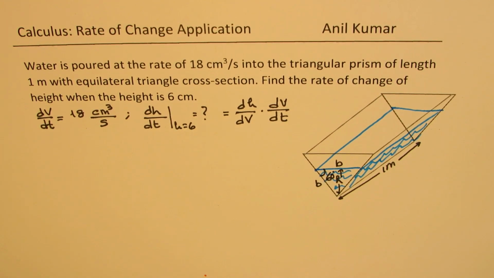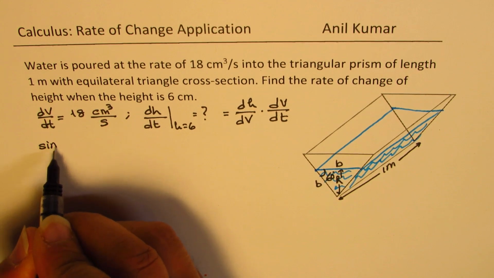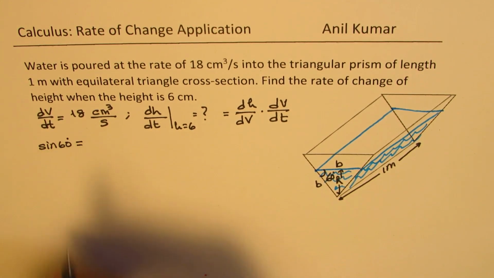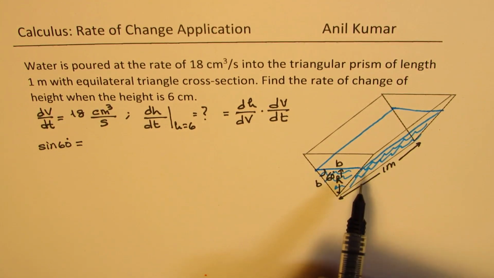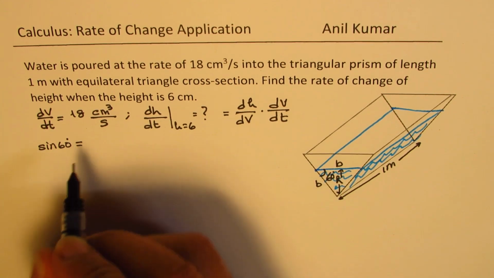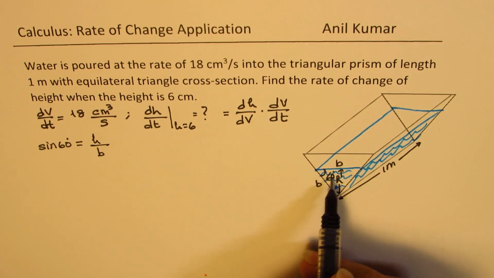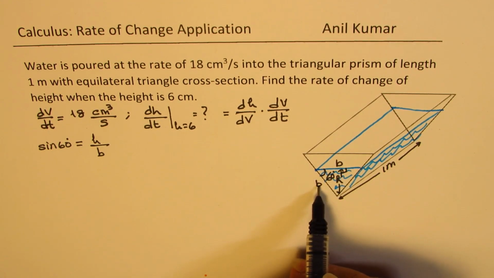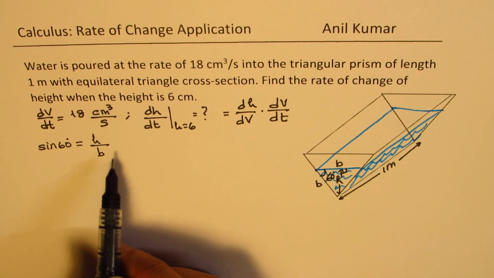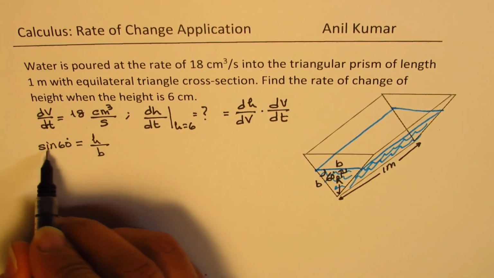So we can write from here that sine of 60 degrees is equal to the ratio of opposite side, height, over base. Since base and hypotenuse are the same, we are writing base. We need h in our formula, we do not need b, so we'll write b in terms of h.